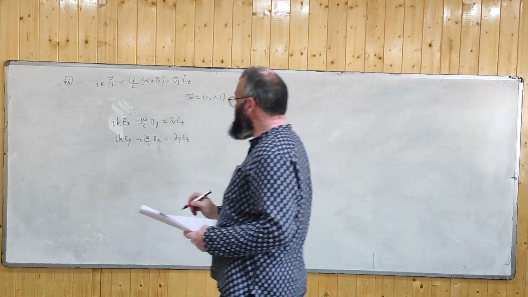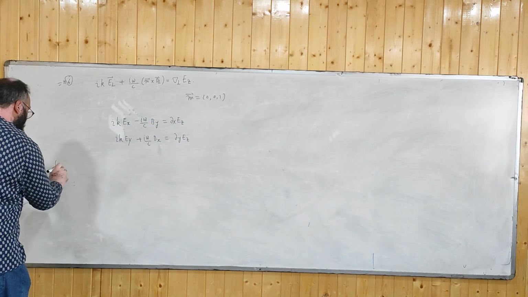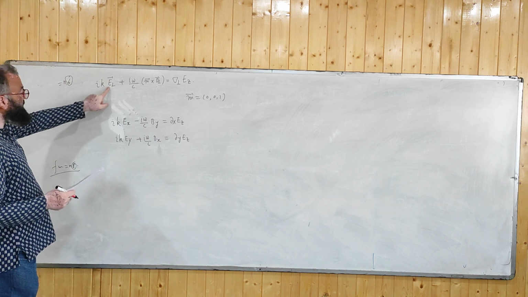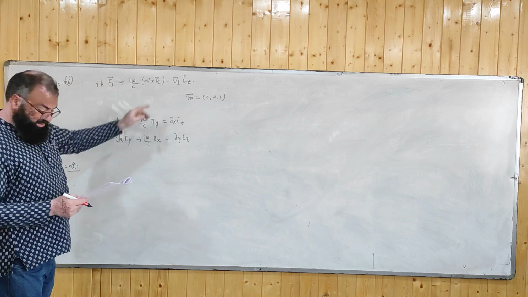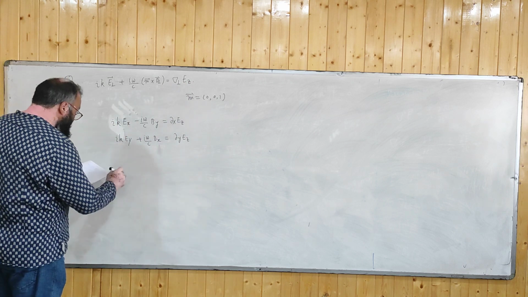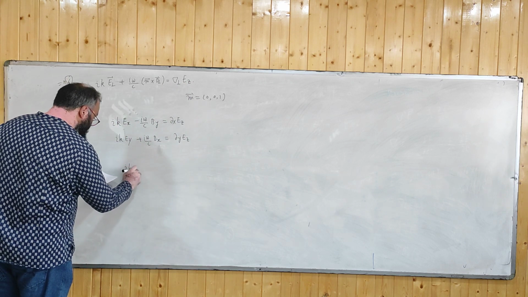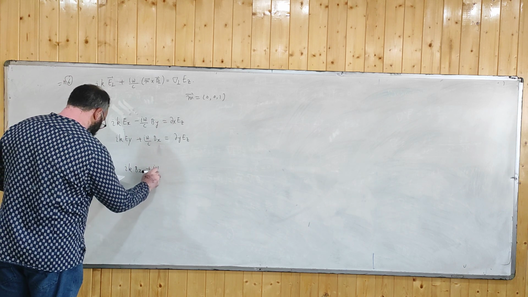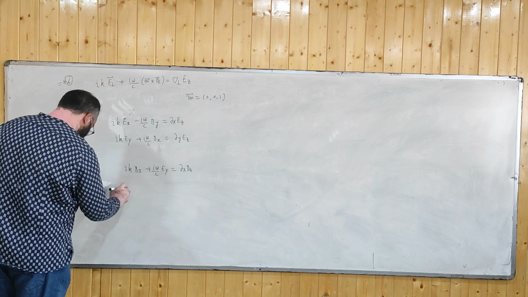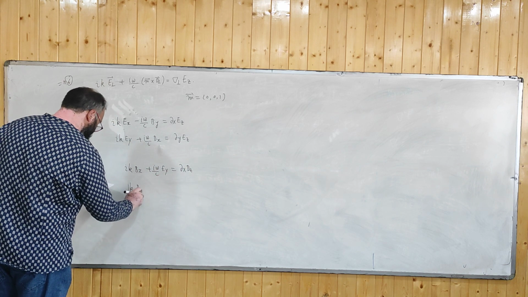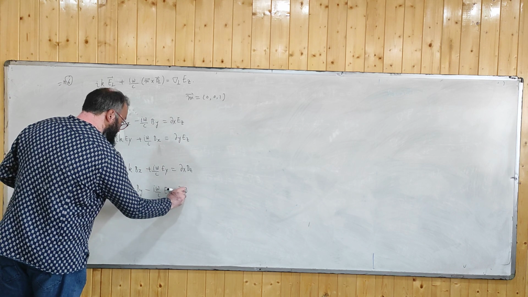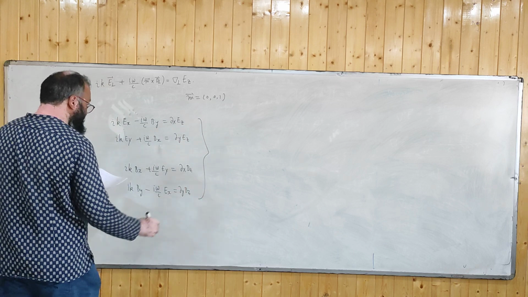From equation 8 you will get these things; here there will be Bz. So I will get ik Bx plus i omega by c Ey equal to partial x Bz, and ik By minus i omega by c Ex is equal to partial y Bz. Let's call this set of equations equation 50.